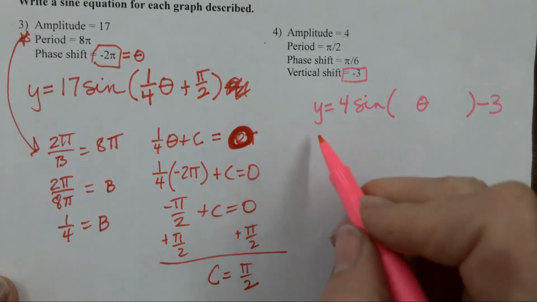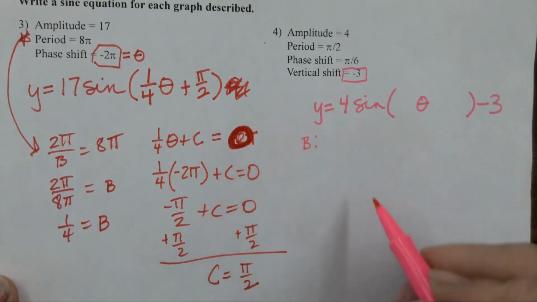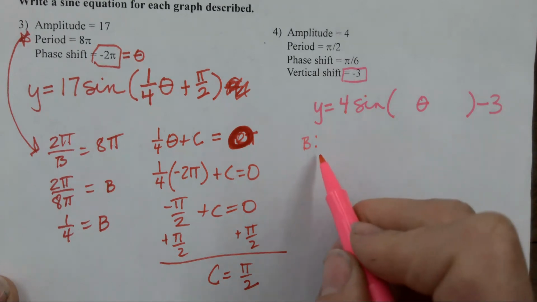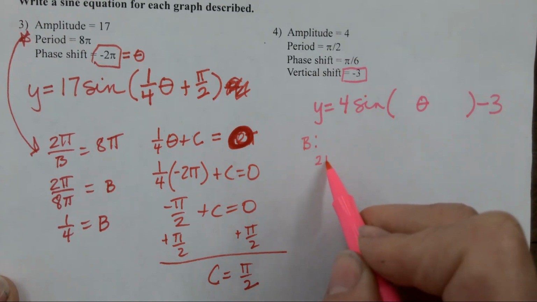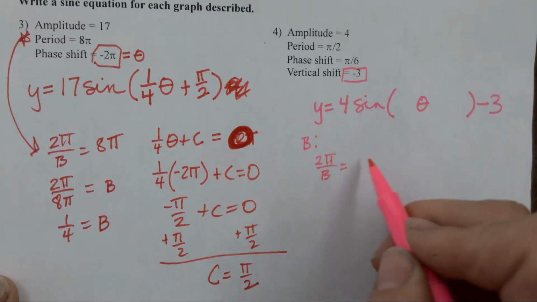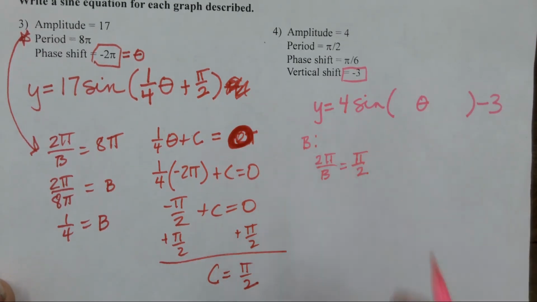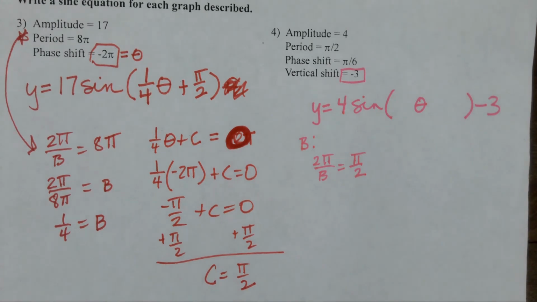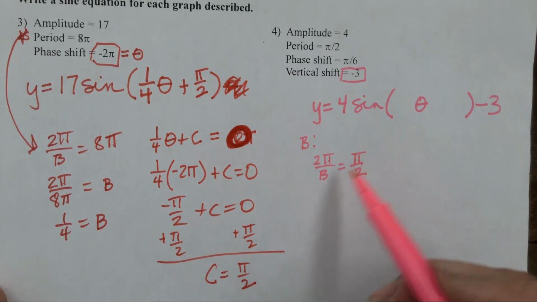We'll start with B. How do I find B? 2 pi over B equals pi over 2. Wait a second. This one's a little bit different. Can I just flip-flop these still? I can.